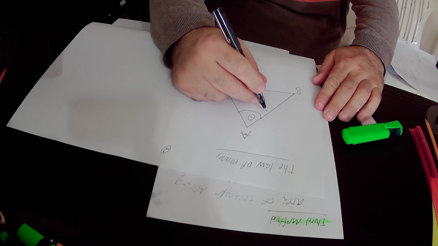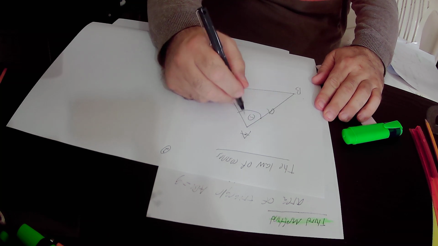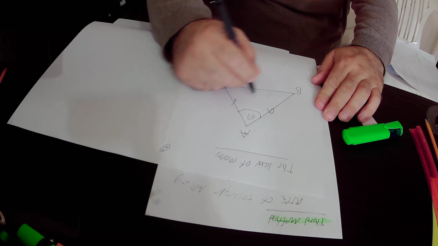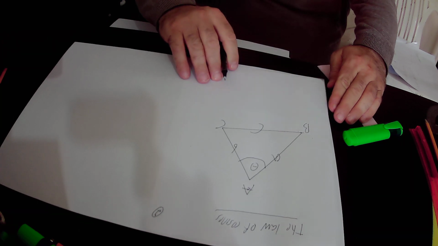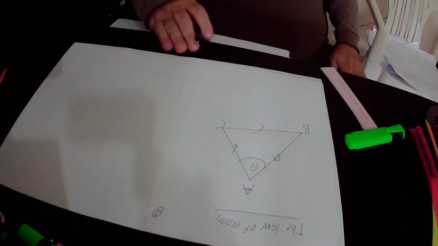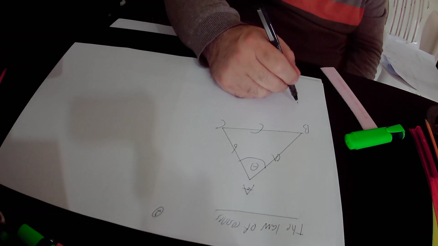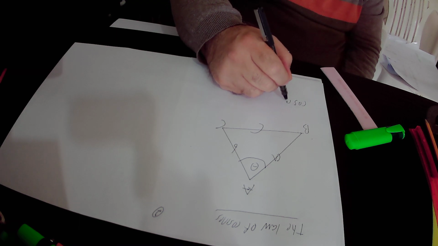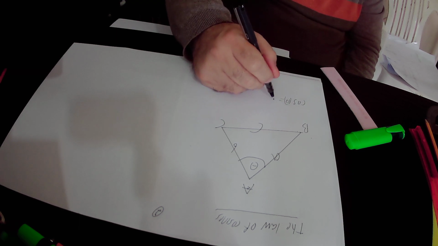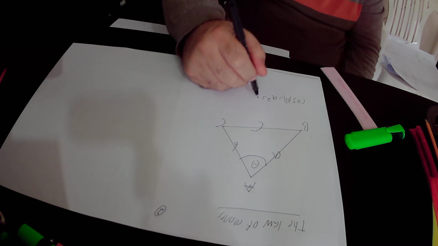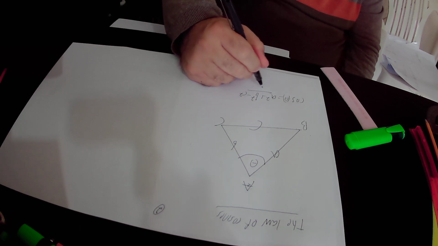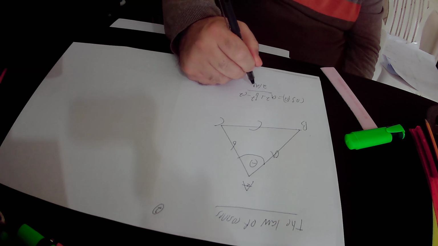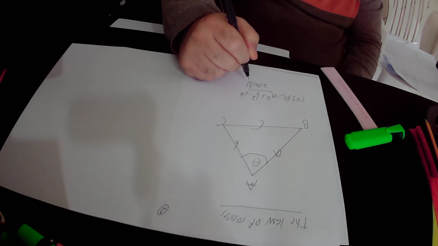Side AB equals A units in its length, side AC equals B units in its length, and side BC equals C units in its length. Then, according to the law of cosines, we get that cosine theta equals A squared plus B squared minus C squared over 2 times A times B.